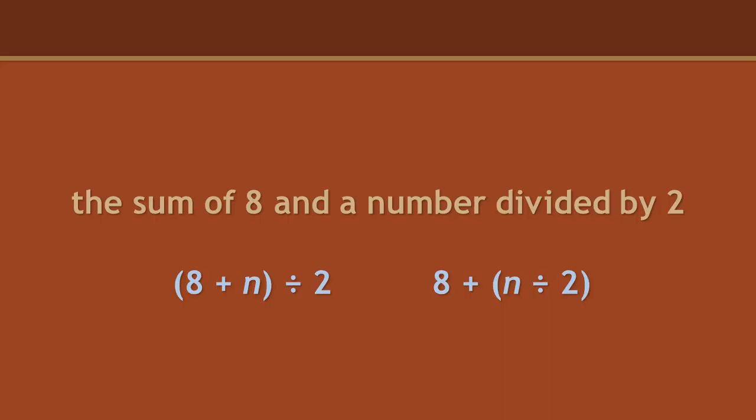So the first thing they want us to do is to add up 8 plus a number. And so we would choose the first one. The second one would be incorrect because in the second one we would be dividing the number by 2 first, and that's not what they're asking us to do. So in this case, the first expression is the correct one.